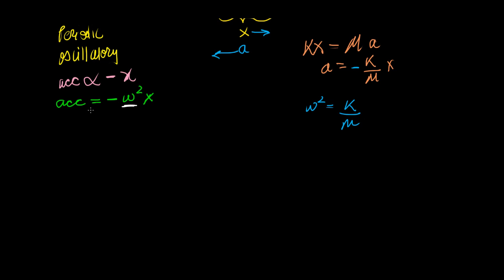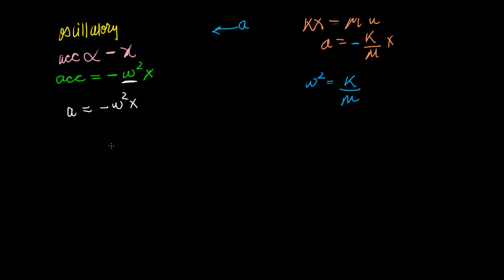So let me rewrite this as a is equal to minus omega squared x, because a is much more shorthand. We know that acceleration is the double derivative of the displacement x, so d²x/dt² is equal to minus omega squared x, and this is a differential equation.